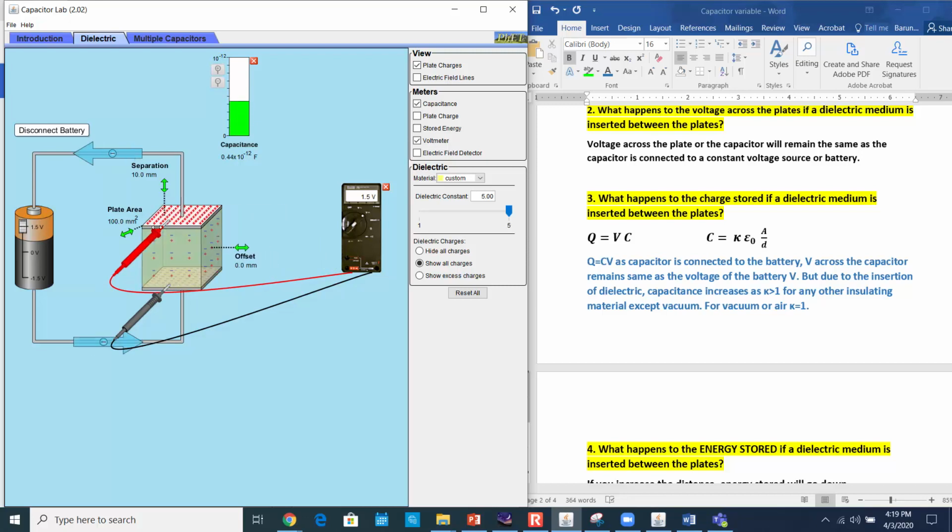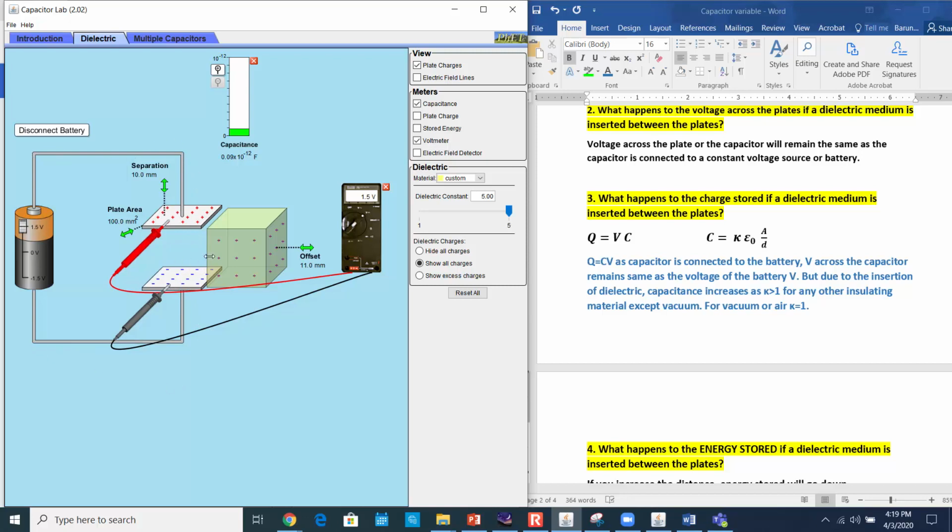With the medium, the voltage between the plates is not changing at all. The capacitance is changing, and the amount of charge on the plate has increased, but the voltage has remained constant. And why is that? The reason is that the capacitor is connected to the battery all the time.